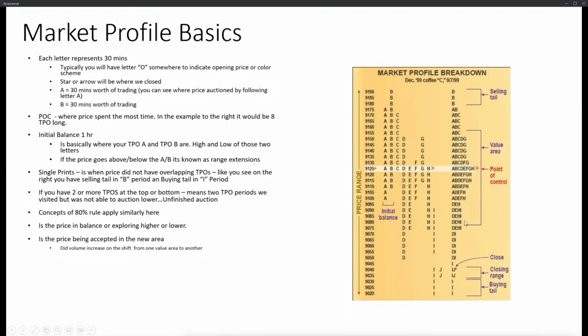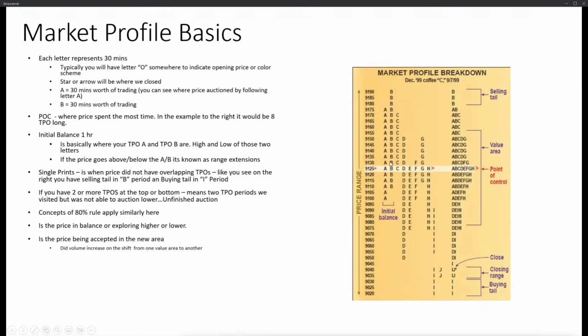Now we're exploring below the value area. Now you have a buying tail in I, and then the close happens at the bottom here at the J, right above the single prints. Once they reclaim the value area, most likely they go to the top, and then it becomes a fight of the range, from the top to the bottom.